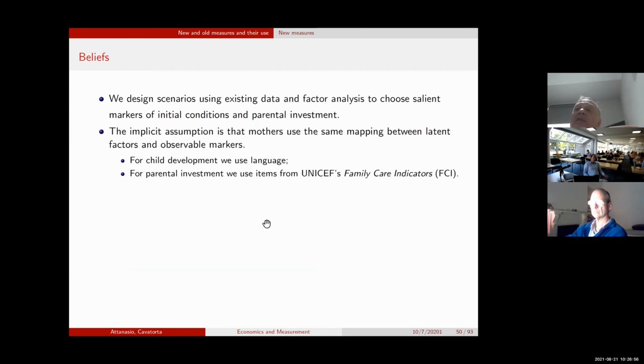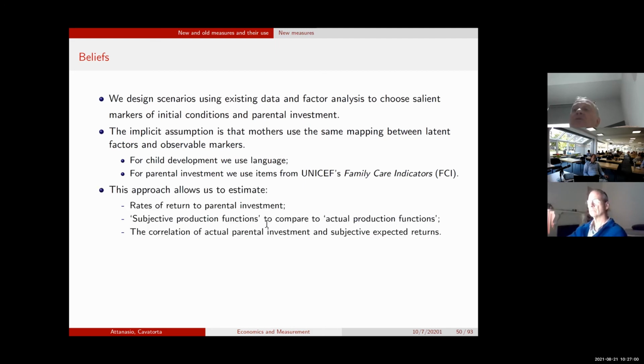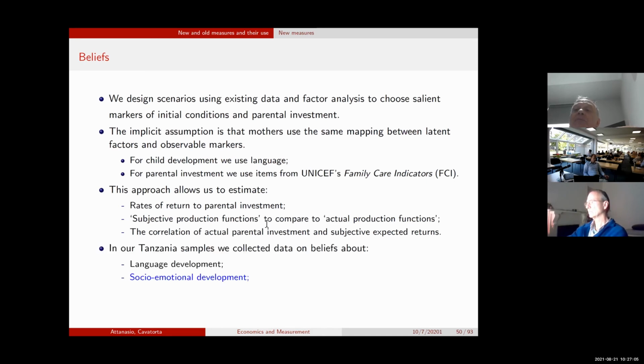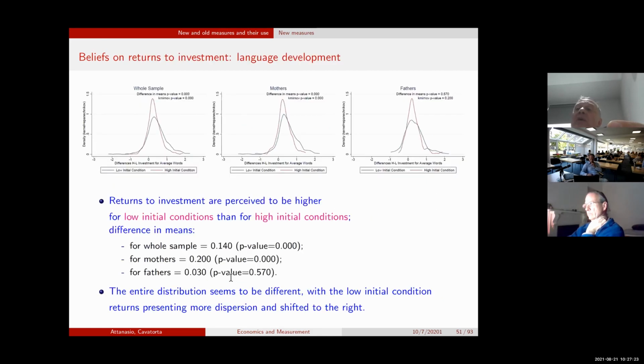And so we designed the scenario for the production functions, and we mapped the novelty here. In addition to language development, which is what we were doing in Colombia and in India, we also collected questions about social-emotional development. And again, we randomized whether the beliefs questions are answered by the father or the mother.